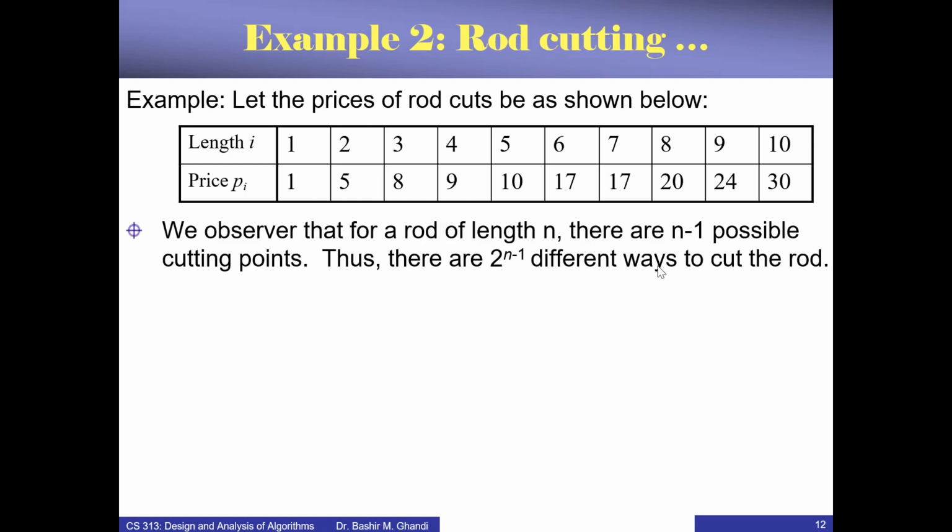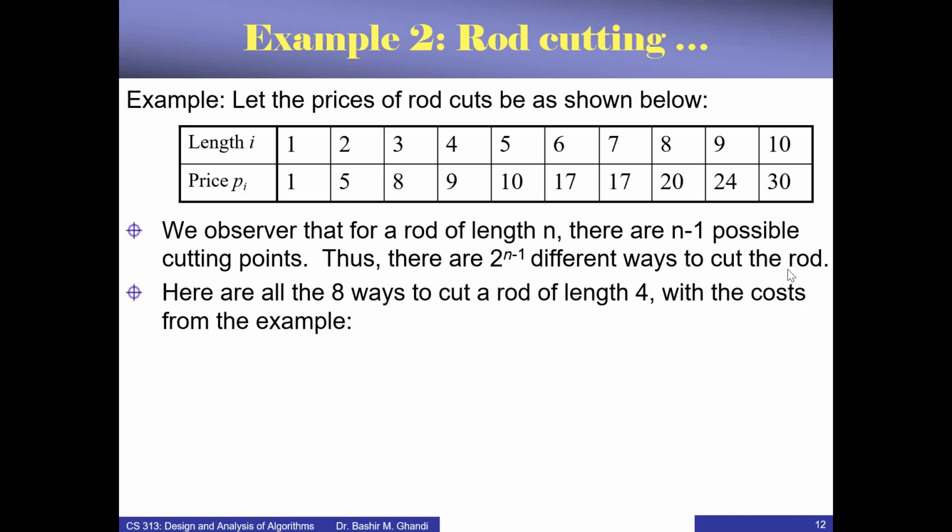We observe, for example, that for a rod of length n, there are n minus 1 possible cutting points. And if there are n minus 1 possible cutting points, it means there are 2 to the power n minus 1 different ways that we can cut the rod.